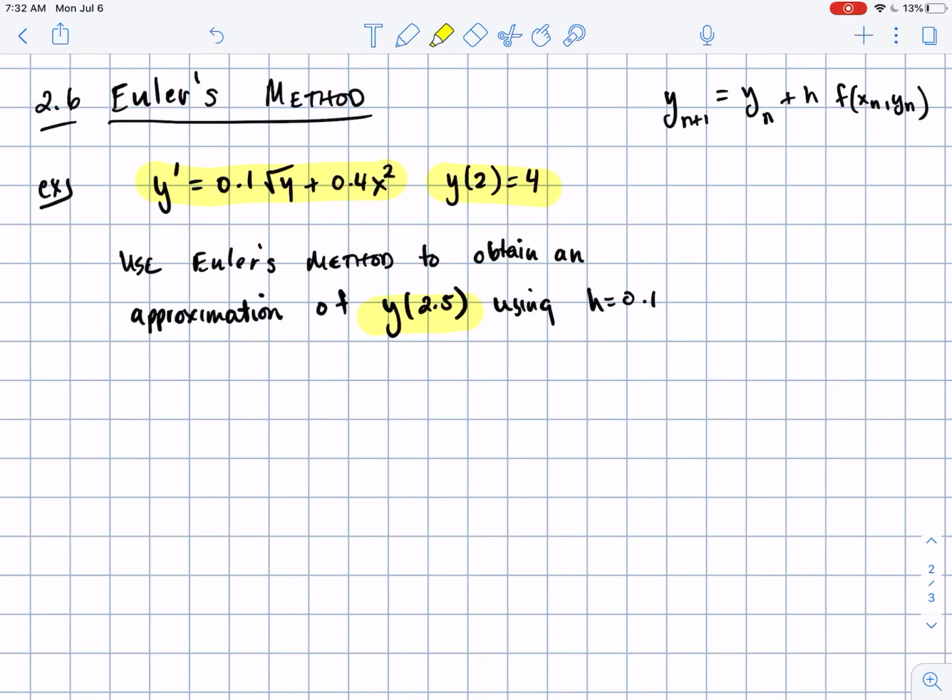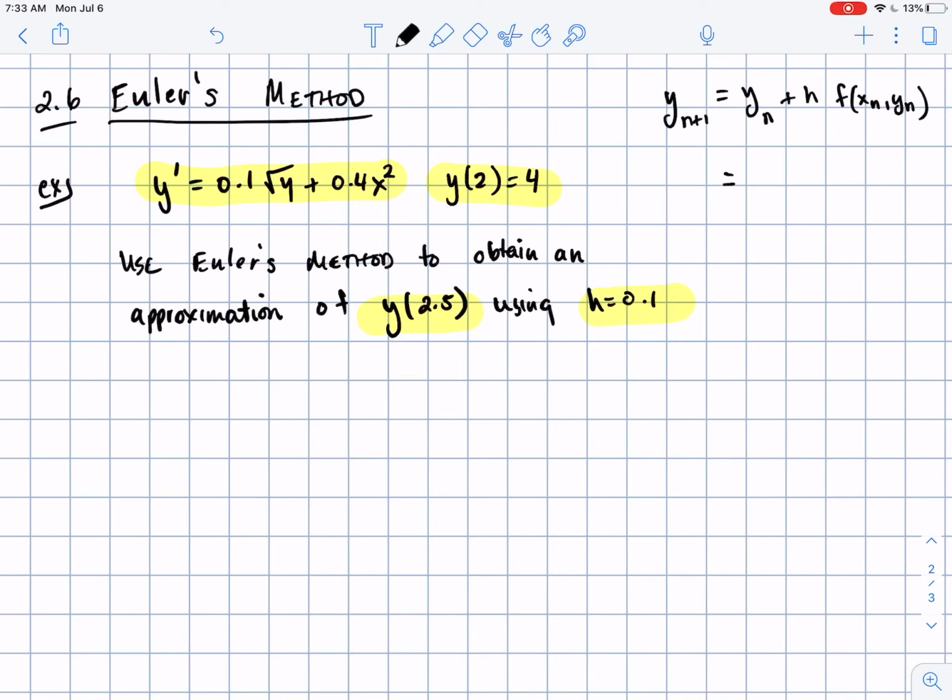And you can see here, they give you the steps to take. So h is really like your change of x. All right, so I like to write it this way, where you're looking for your y sub n, which is your initial point, right? Your y value.